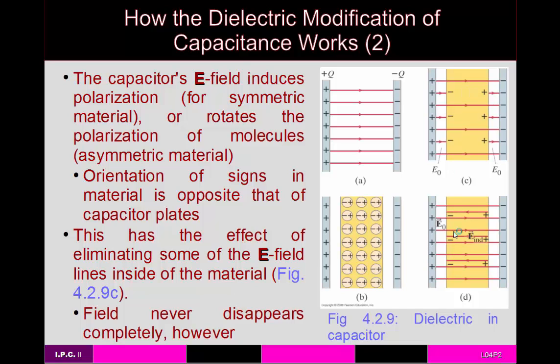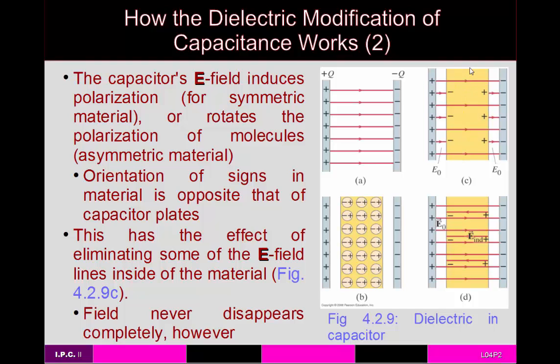So you could think of that as having an induced E field like so that adds with the initial E field so that some of these field lines vanish. Recall that if a field line vanishes, what it implies is that you have a weaker field.